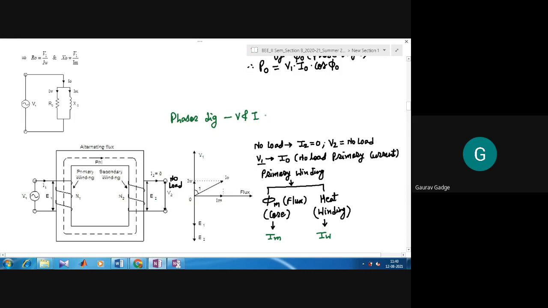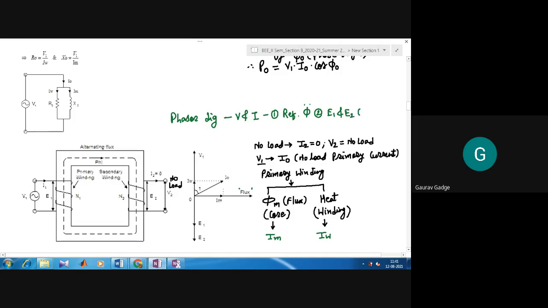The first step is to draw the reference. The reference phasor is drawn for the flux; flux is the reference parameter to make the phasor diagram. Second, we make the phasor lines for E1 and E2, that is, the induced EMF.